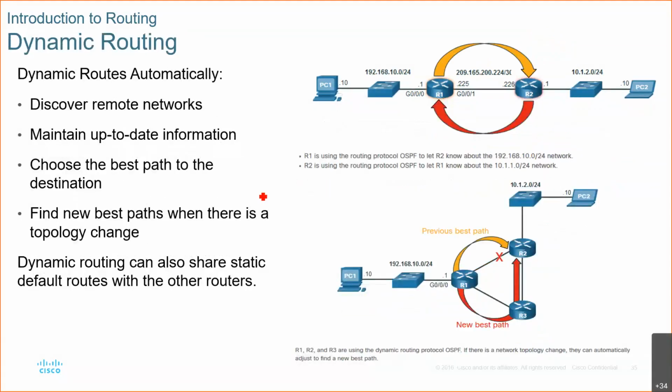Dynamic routing is done automatically. It finds the remote networks, keeps on updating them, and finds the best destination. If I'm using OSPF, Open Shortest Path First, or EIGRP, these are some of the tools you can use.